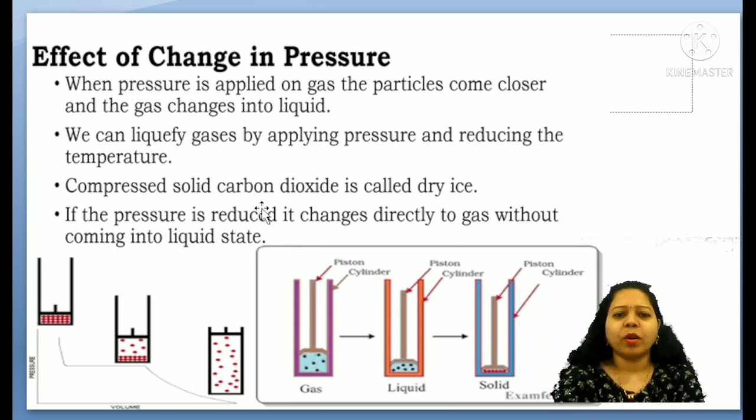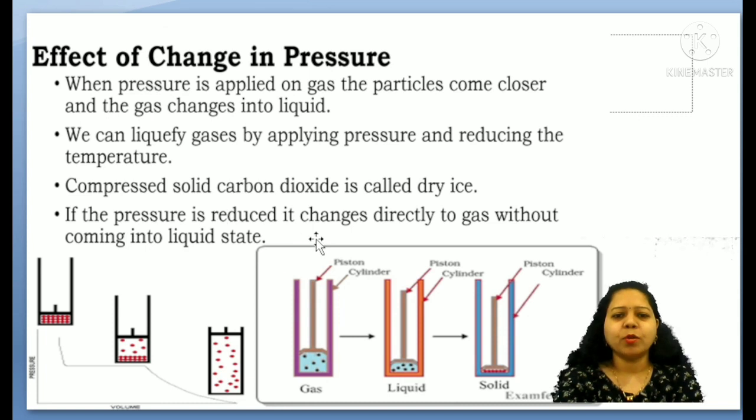Now compressed solid carbon dioxide is called dry ice. We know that CO2 is available in the form of gas, but if we apply pressure on that by compressing that CO2, it is able to turn into solid state, and that solid CO2 is known as dry ice.